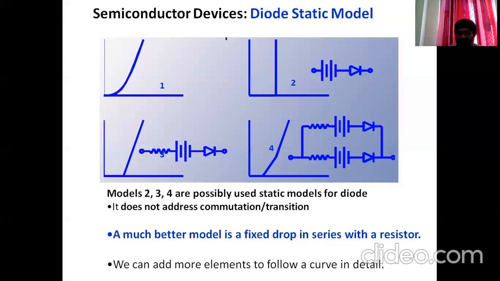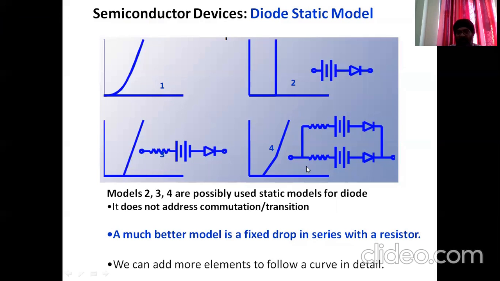So in figure 4, we have 2 branches connected in parallel to each other, and we can have even better characteristics compared to figure 3. If we keep on adding these branches in parallel, we can have finer characteristics compared to figure 4, which can be as close as possible to the characteristics in figure 1.